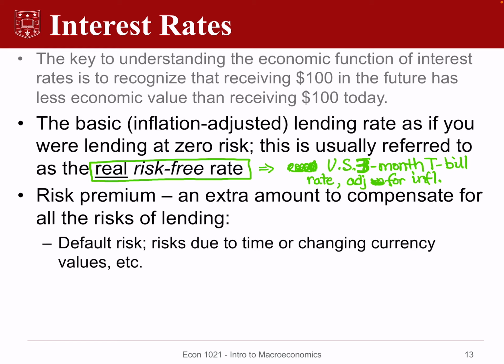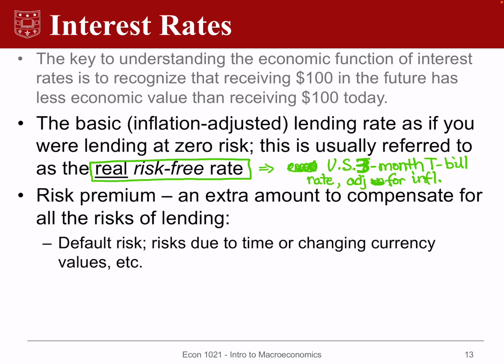But the risk premium is the second component of the determination of interest rates, and it reflects the fact that borrowers should be willing to pay, and lenders have to receive, an extra amount to compensate for all of the risks associated with lending. So there's a default risk, the chance that I as a borrower won't pay you back.